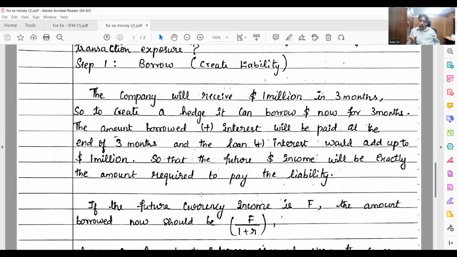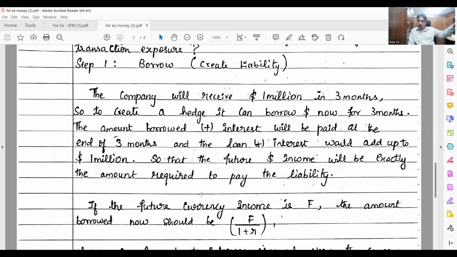What are you going to do? Your company can borrow in the US today, but borrow in such a way that the amount borrowed plus interest on that borrowing for 3 months should be equal to how many dollars? $1 million. So that when you receive the money from the customer, you can use that money to pay off this loan. So you don't have to bother about the loan. Once your customer pays the money, you can use that money to pay off the loan, right? Yes, sir.